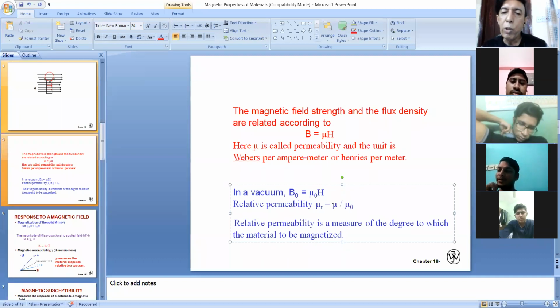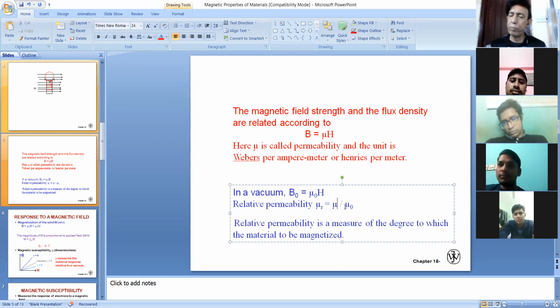Now, what is mu? Mu is the permeability. And if you divide mu by mu naught, the ratio of mu and mu naught is known as relative permeability.